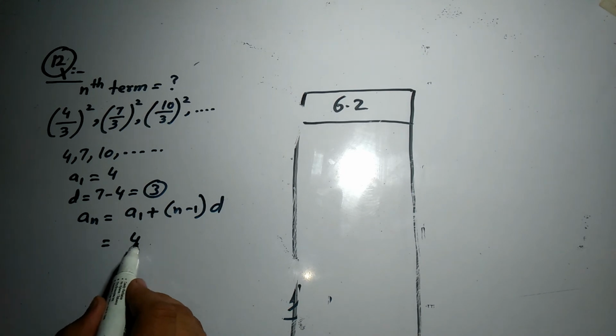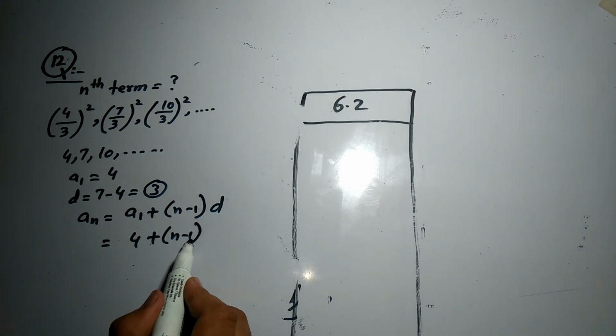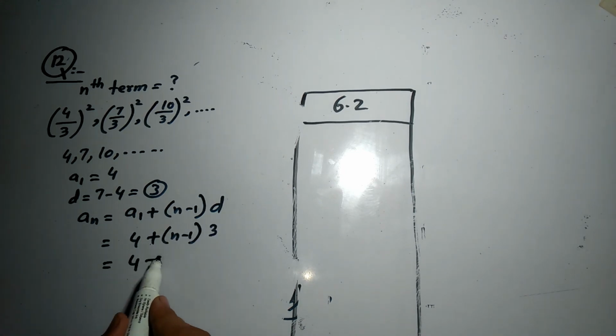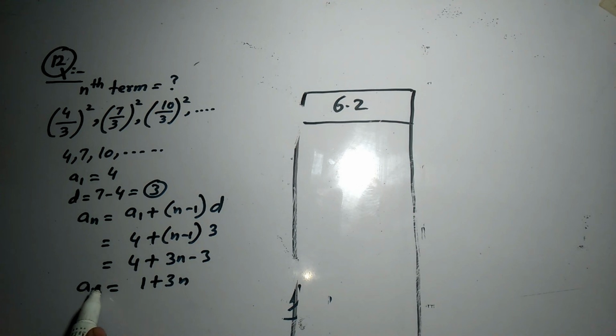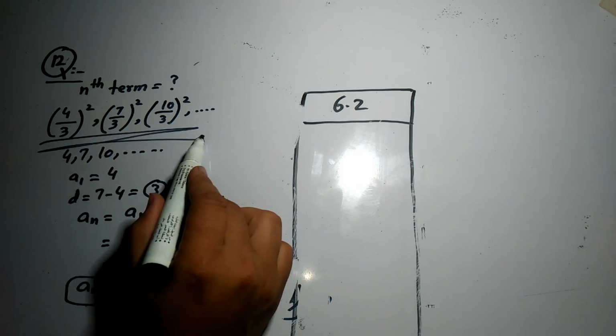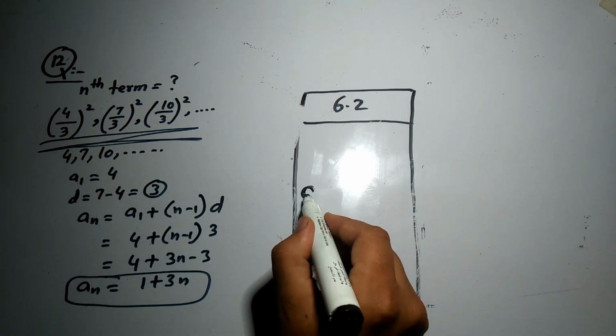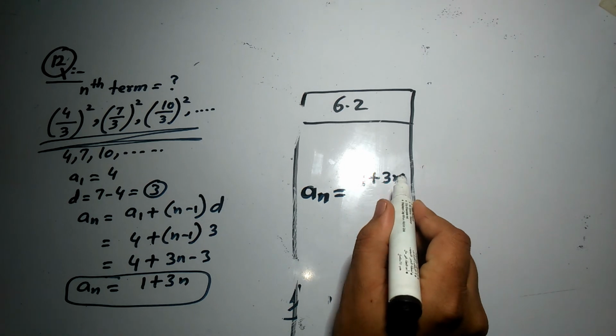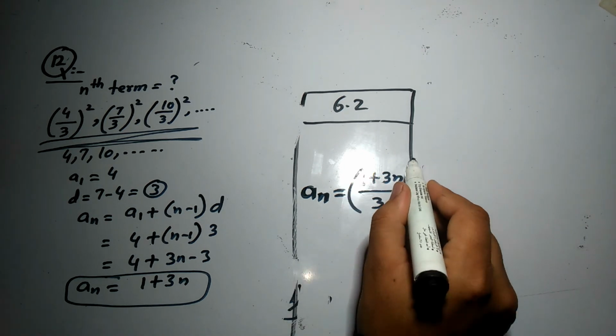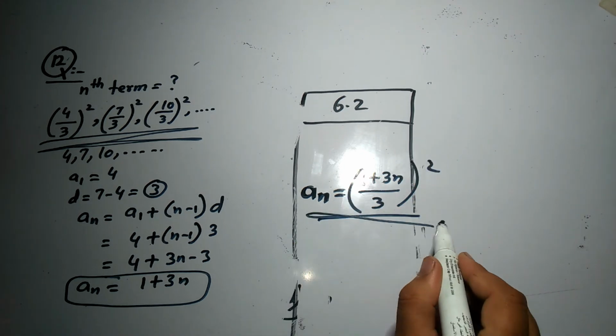So 4 plus n minus 1 times 3, which is 4 plus 3n minus 3, so this will be equal to 1 plus 3n. The general term, or nth term, of this sequence is an equal to 1 plus 3n.